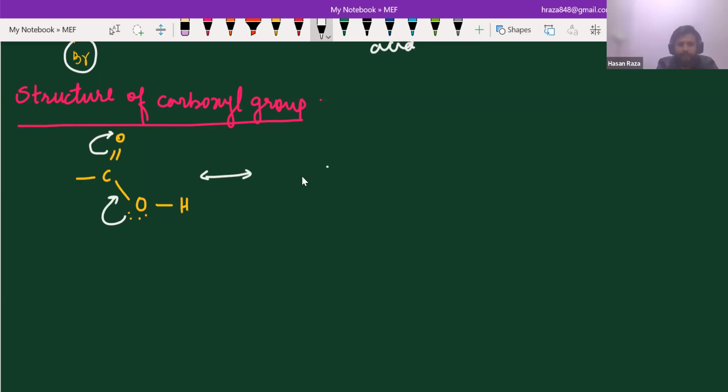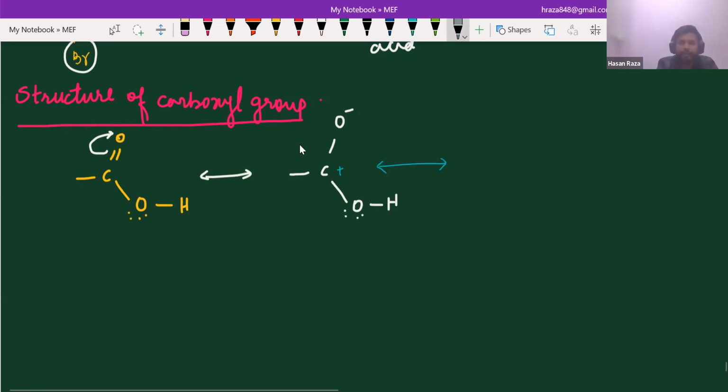So in this way, let me show you in different steps. As you can see, this will be like this, O negative, this valence is free, and this is like this. And it's very important to note that this will have a positive charge because it gives electron to the oxygen.